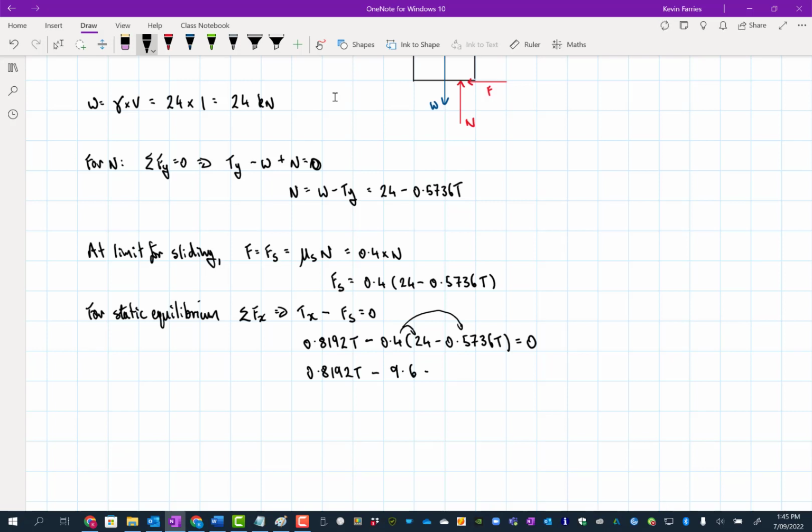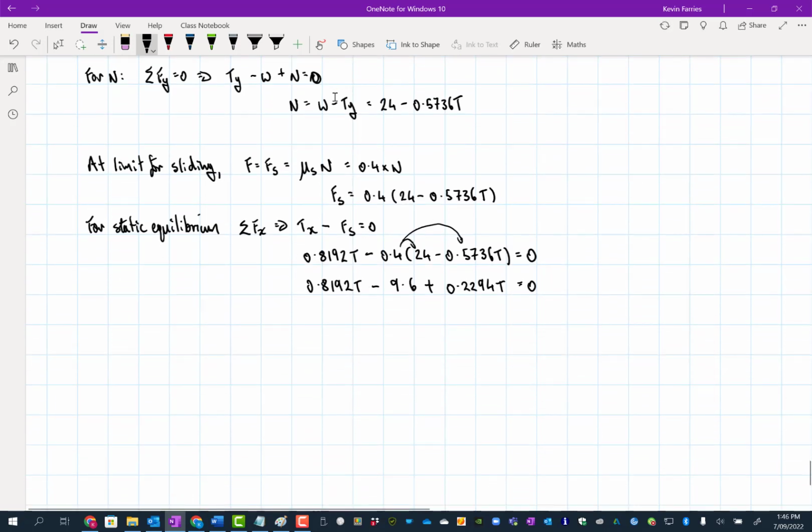Minus that, and then it's a negative times a negative, so it's a positive, plus 0.4 times 0.5736 is 0.2294 T, going to be equal to 0.